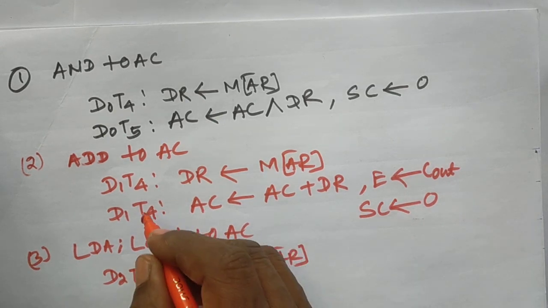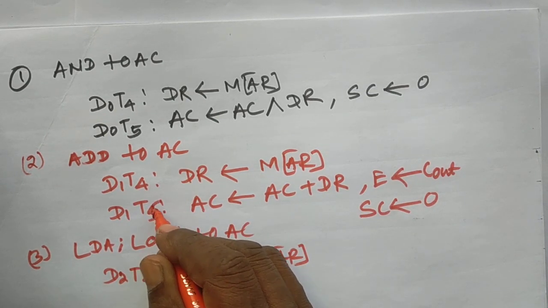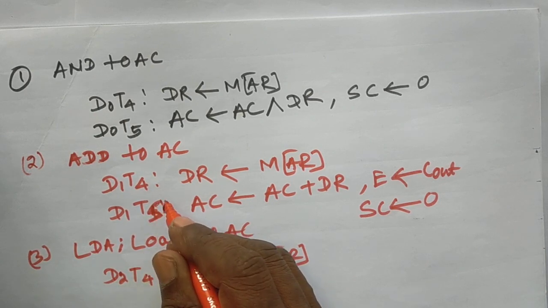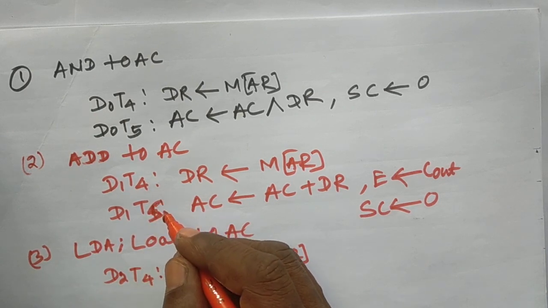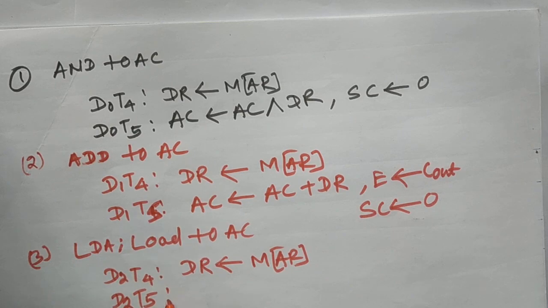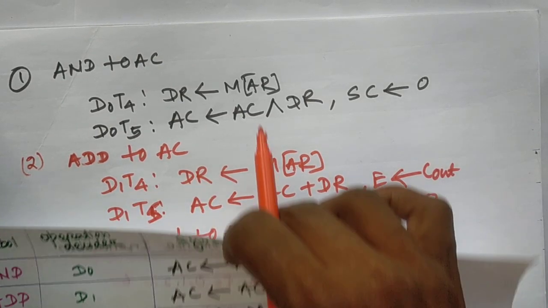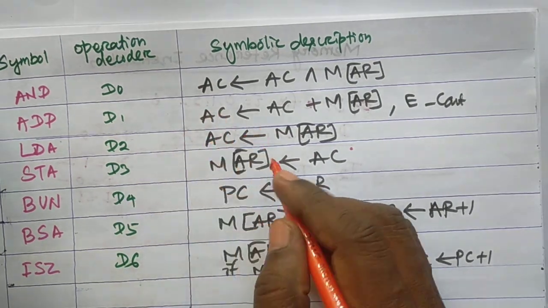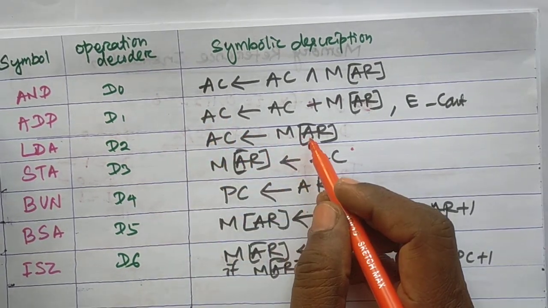Sorry, here it is actually T5, because T4 is already used. Similarly, at D2 T5 the statement is defined here: AC receives the data register data.